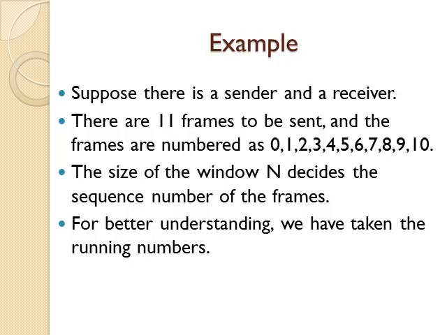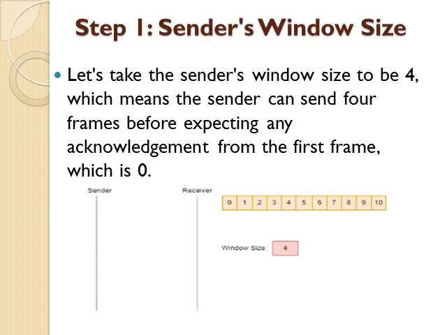The size of the window n decides the sequence number of the frame. For better understanding, we have taken here the running numbers. Step 1. Let us consider the sender's window size to be 4, which means that the sender can send 4 frames before expecting any acknowledgement from the first frame, which is 0.